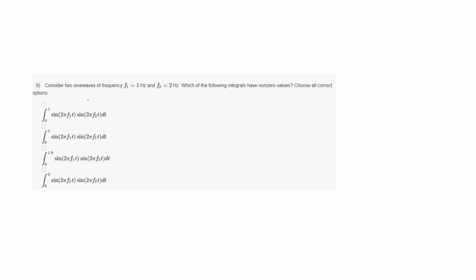Consider two sine waves of frequency f1 equal to 1 hertz and f2 equal to 2 hertz. Which of these integrals will give non-zero values? So in this case, you will see this.